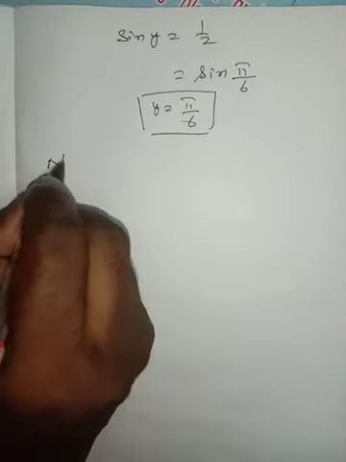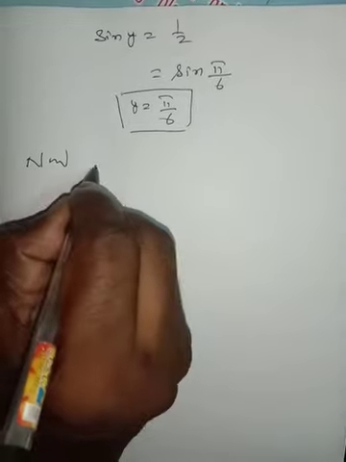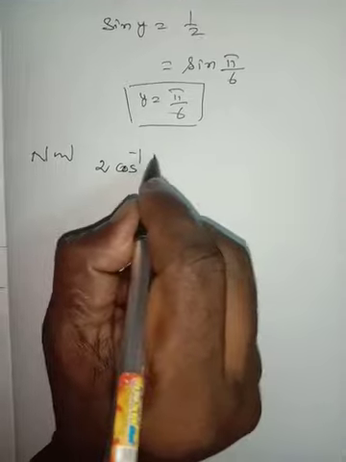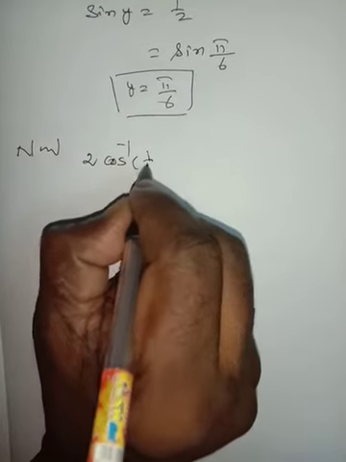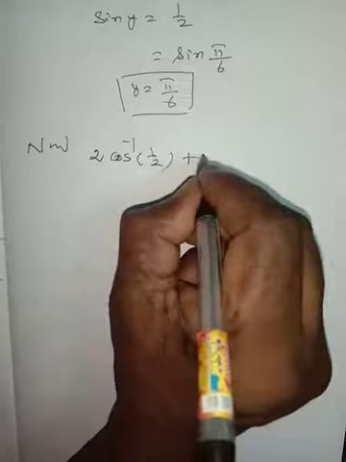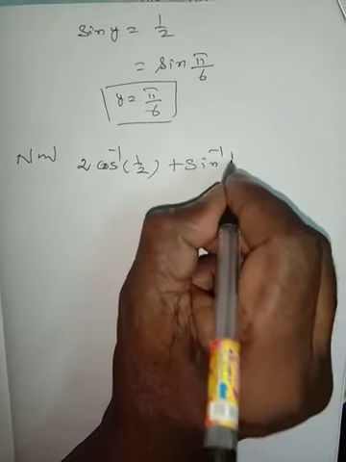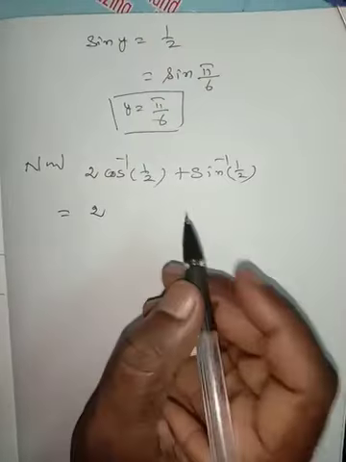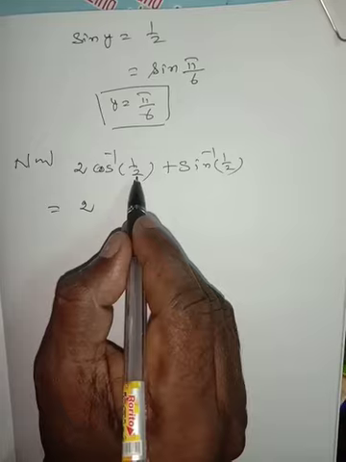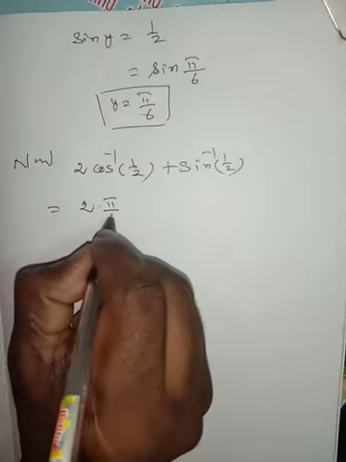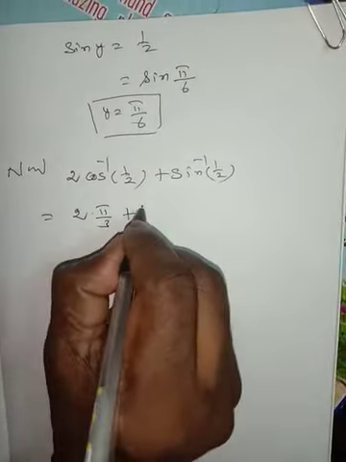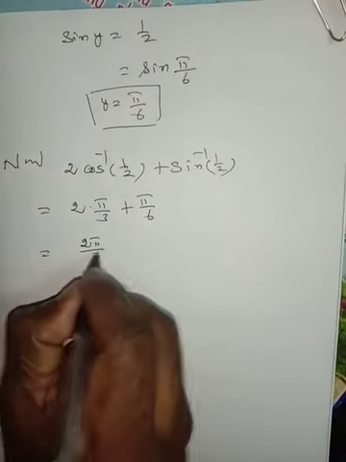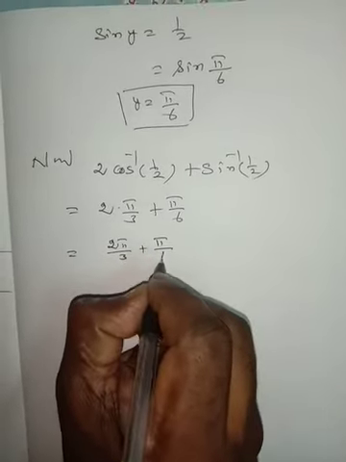Now 2 into cos inverse of 1 by 2 plus sine inverse of 1 by 2 is equal to 2 into pi by 3 plus pi by 6, which is equal to 2 pi by 3 plus pi by 6.